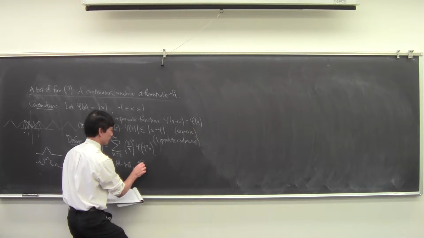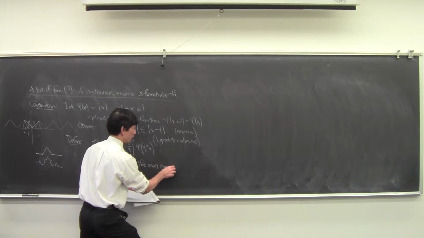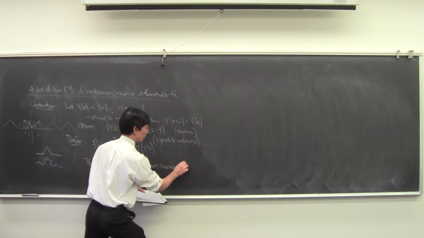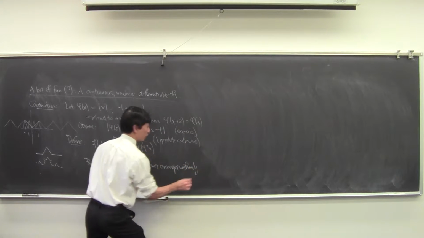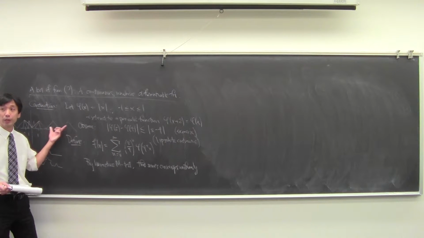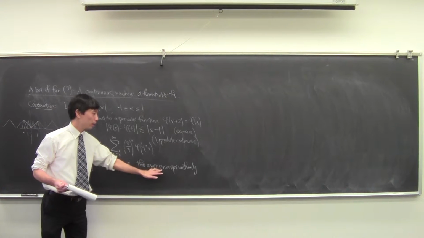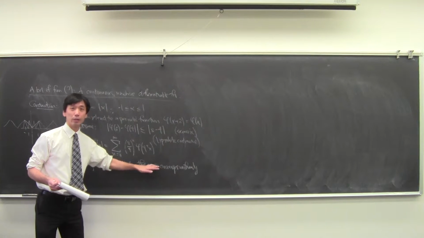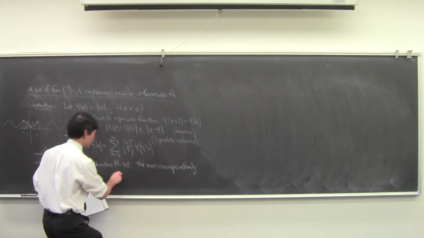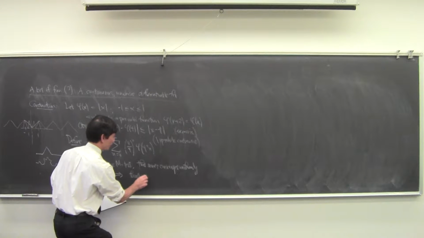This series converges uniformly, and each of these is a continuous function. So you've got a uniformly convergent series of continuous functions, and so you get that the function is continuous.